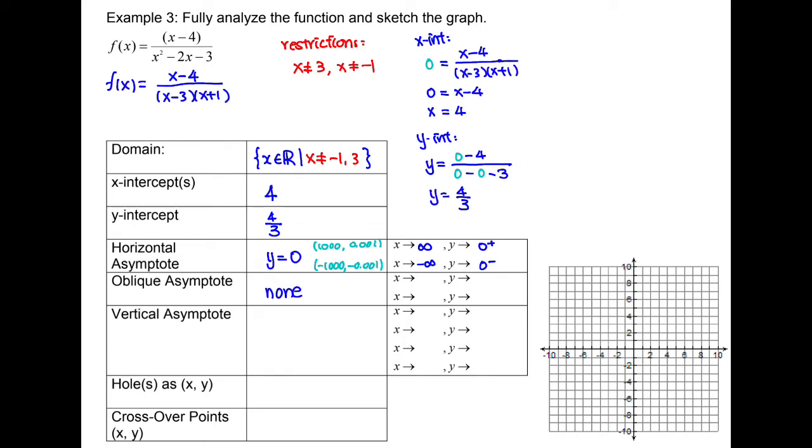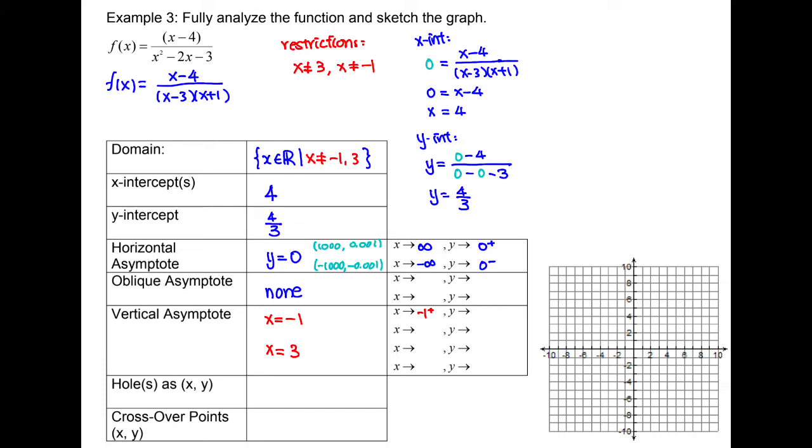Fourth, let's find the vertical asymptote and holes. Look at the reduced, simplified rational function. We still can see those two restrictions in the denominator. That means both of them are vertical asymptotes. So we say the vertical asymptotes will be at x equals -1 and x equals 3. Let's check the end behaviors.